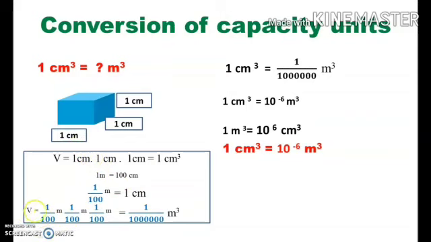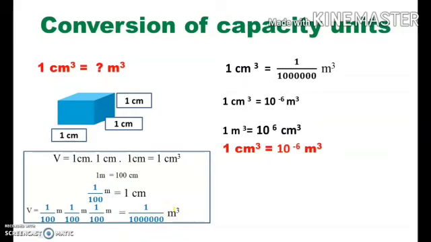So volume is equal to 1 over 100 meter times 1 over 100 meter times 1 over 100 meter. This is equal to 1 over 1 million meter cube.